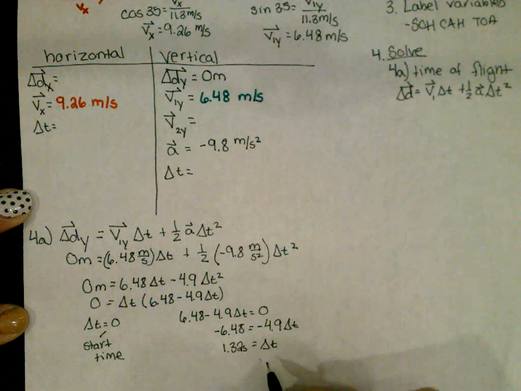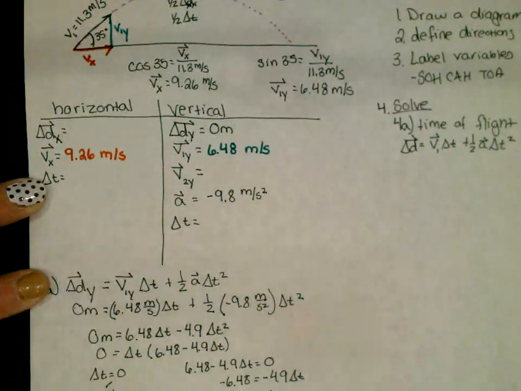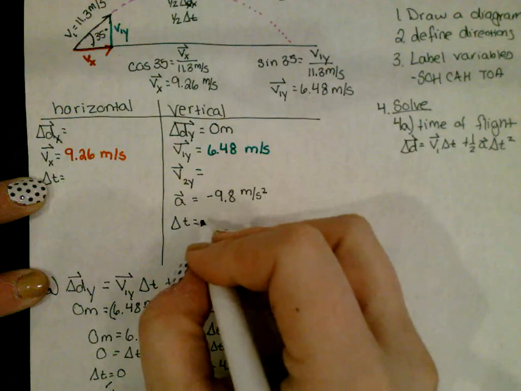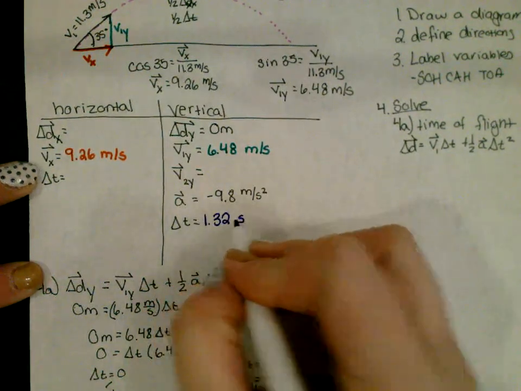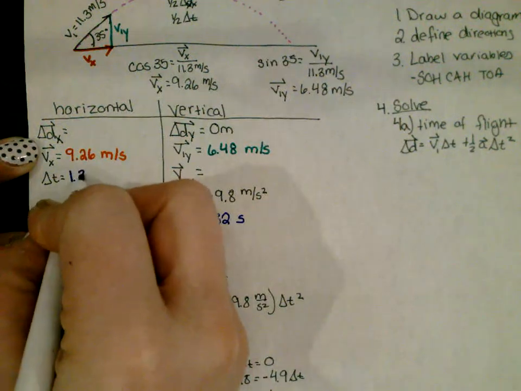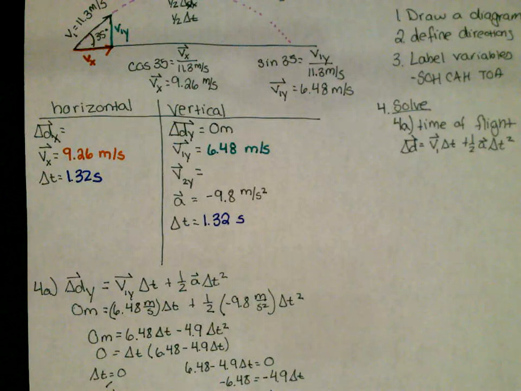So that's going to be my time when the ball hits the ground. So I can go back up and I can fill this in now. I know my time when the ball hits the ground is 1.32 seconds. And I can write that on both times because remember, time applies to horizontal and vertical.